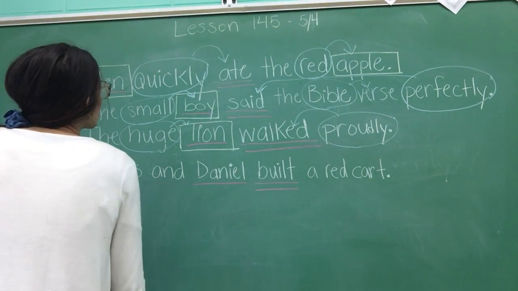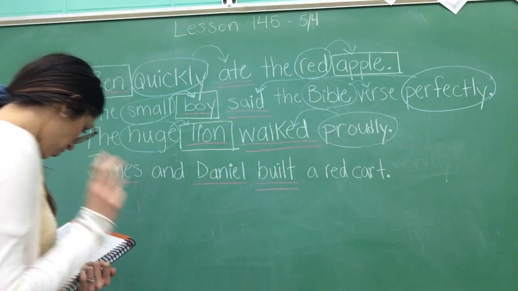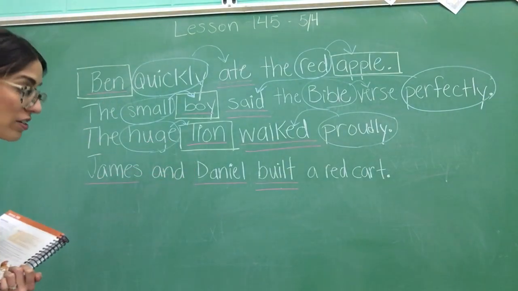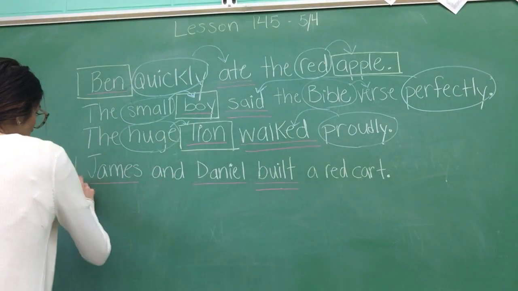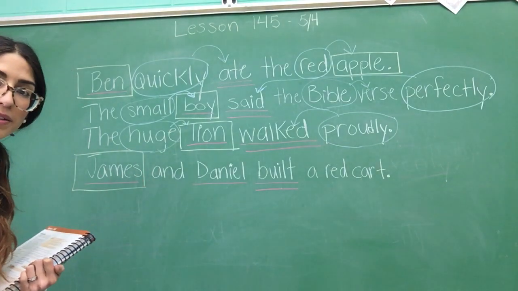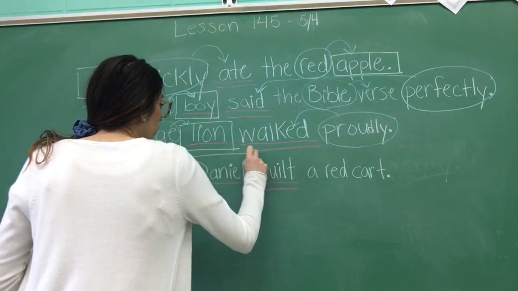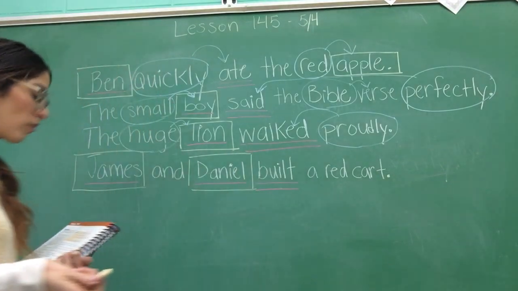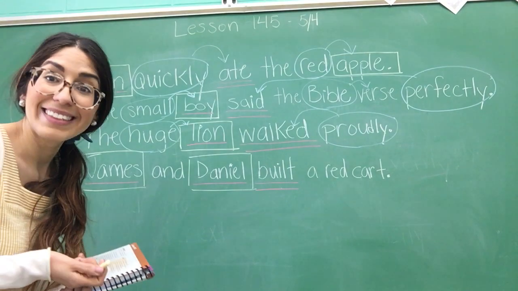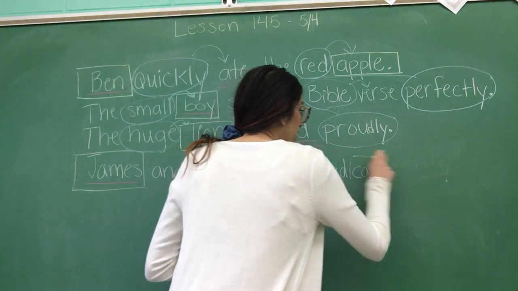Then after number 3, we do nouns. So in yellow, let's go ahead and box our nouns. What are our nouns? That's right, James is one. What's the next one? Daniel, very good. Okay, and then, is there another one? Yes, there is, cart, very good.